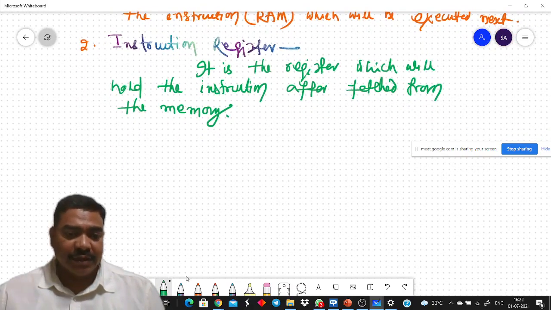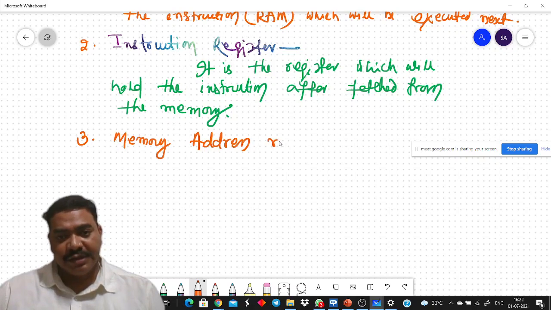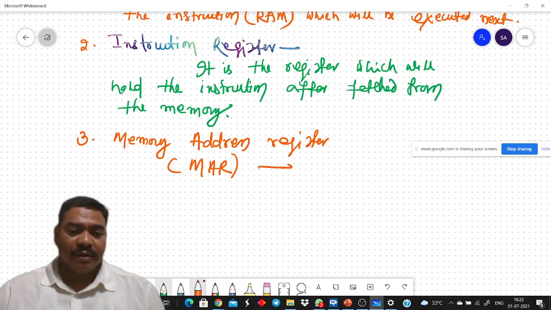Next, number 3, the memory address register, known as MAR.